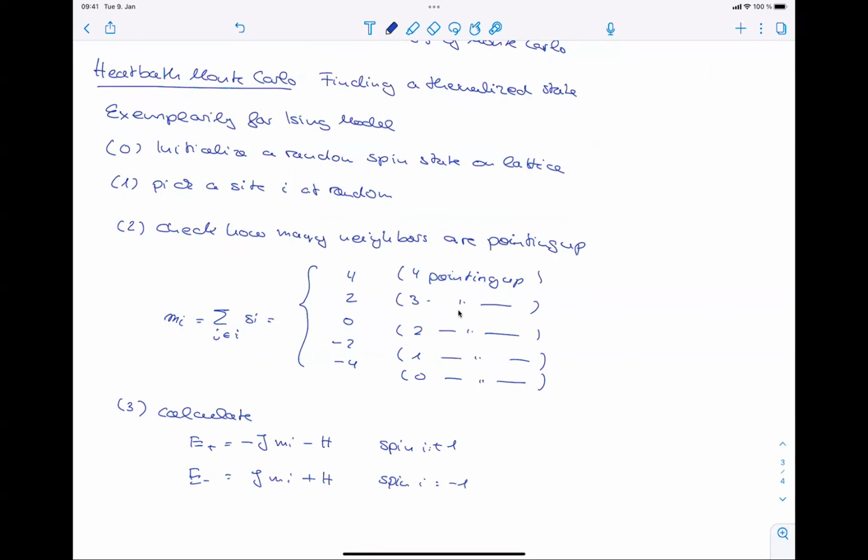Okay. And we're doing these calculations because we want to thermalize the system, and so we want to see which energy my spin i should have in its current environment. And so that would be the 2 different versions of the energy of spin i in its current environment.